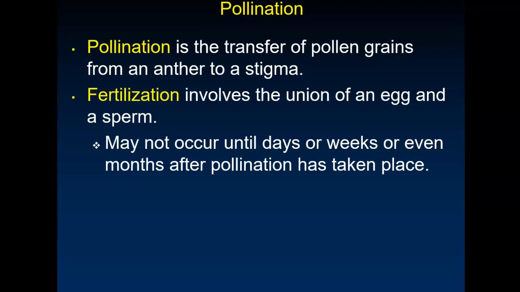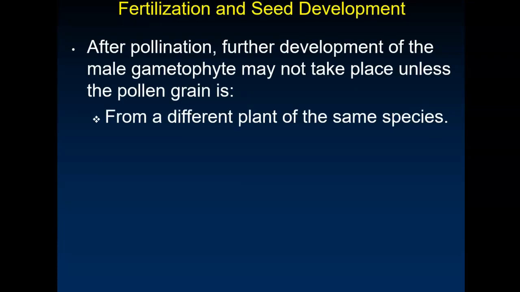That's not true at all, right? It was just pollinated. It wasn't fertilized. After pollination happens, that's when the pollen grain will differentiate a little bit more, whether it is the same species or isn't the same species.